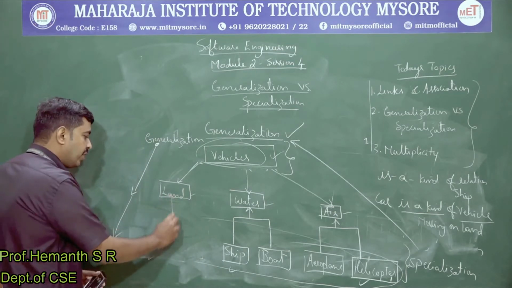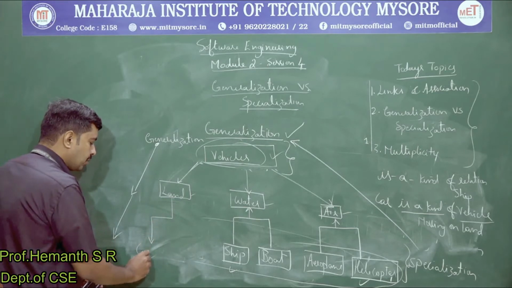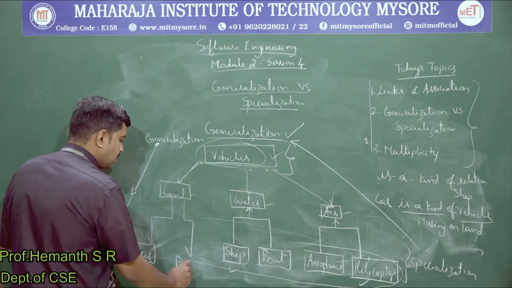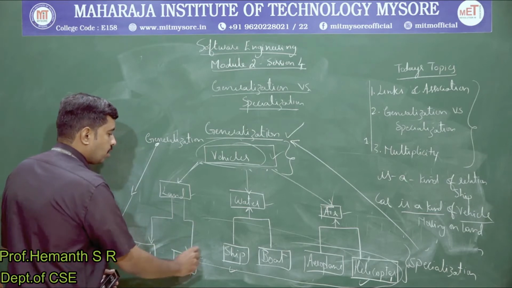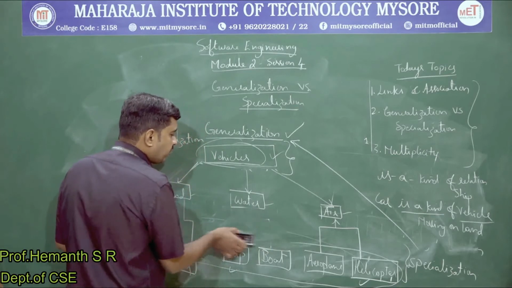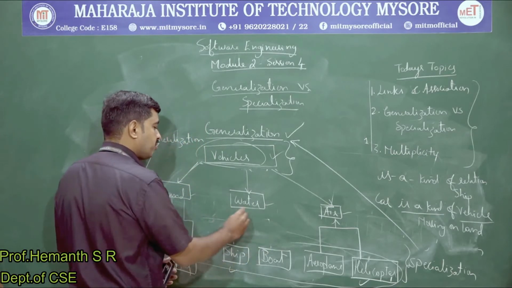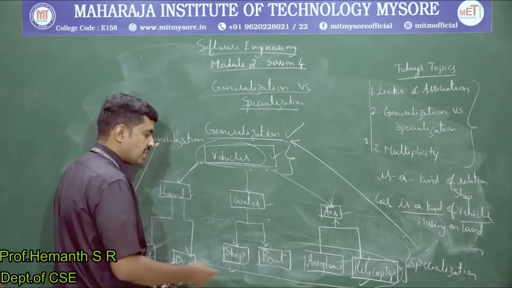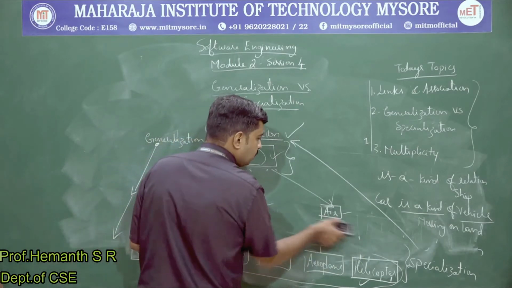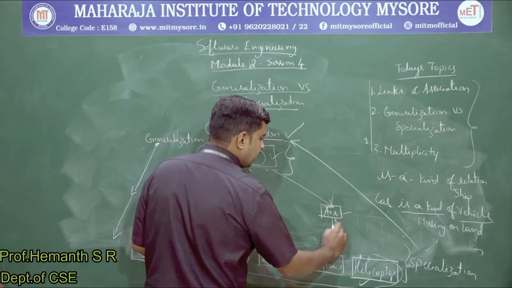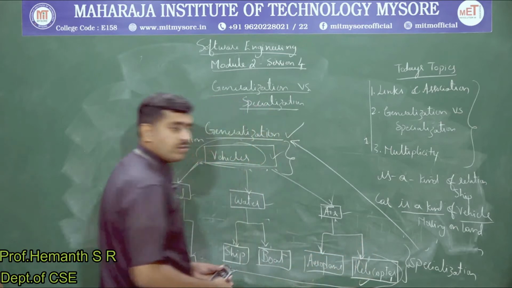On land we can find vehicles like car, bus. In water we can find different types of vehicles like ship, boat. In air we can have different types of vehicles like aeroplane and helicopter.